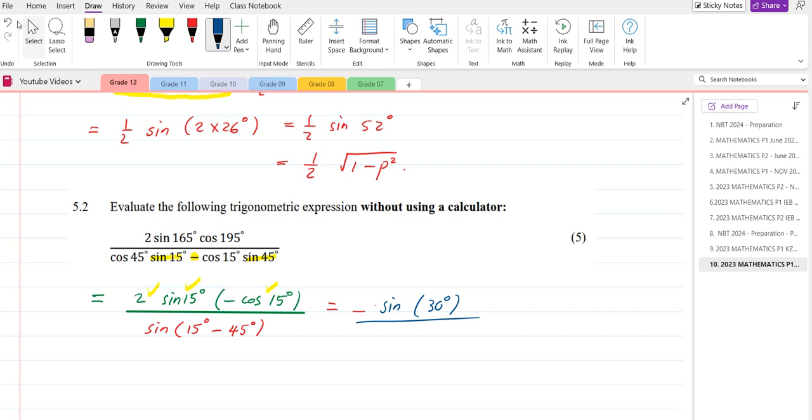And in the denominator I've got something similar like that.